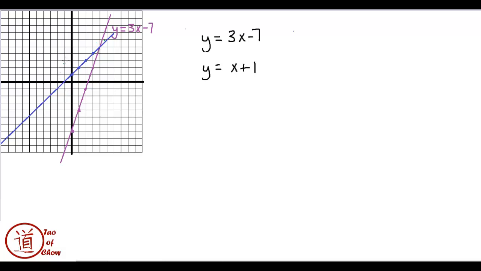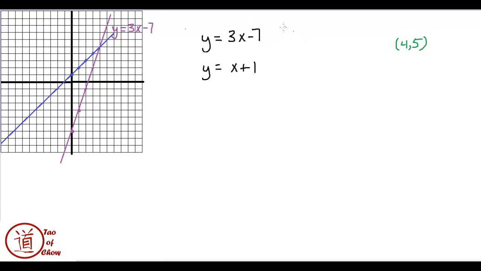Let's just find out what that point is. If I take a look at it here, I have 1, 2, 3, 4, and 1, 2, 3, 4, 5. So the point is 4, 5. Now we can check and see if these satisfy the equations by substituting these values in for x and y on both equations and seeing if it works.